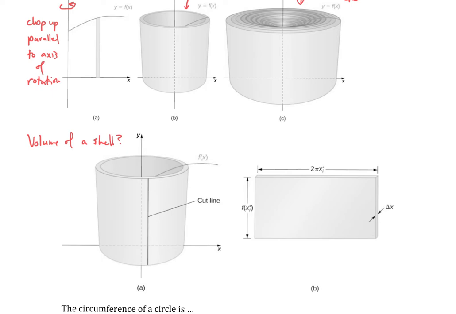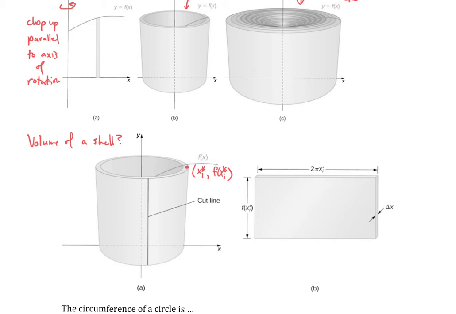So one thing I want to do is label this point right here. The x value is going to be what we call x sub i star. And the y value is going to be given by the height of the function. So that's f of xi star. That's what that point is. And the star just means we're somewhere inside this really thin interval over here, that little bit of thickness. So when I unroll this object, I'm going to get a rectangle, right?